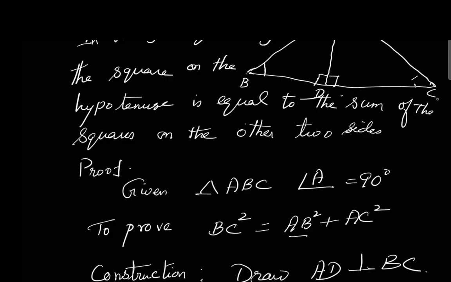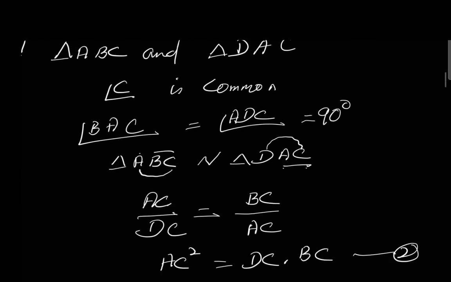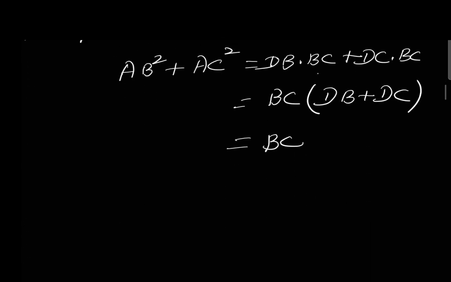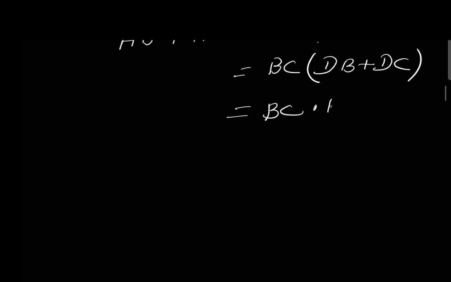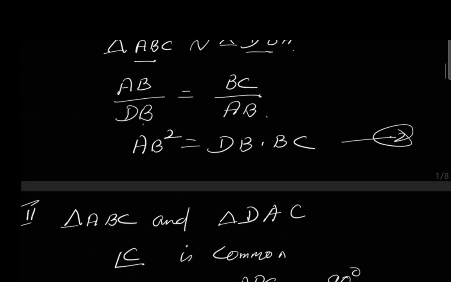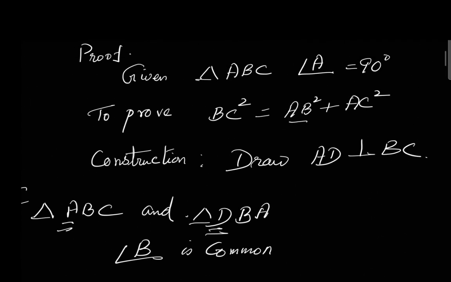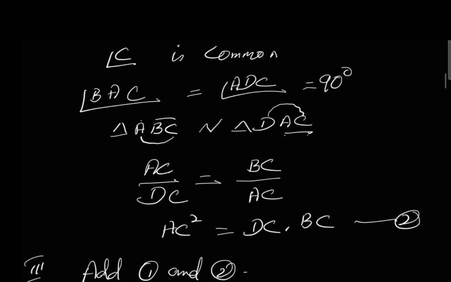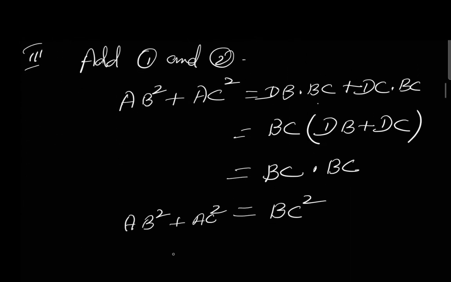DB plus DC is BC. So BC into BC is equal to BC squared. So AB squared plus AC squared is equal to BC squared. This is what we wanted to prove. Hence proved.